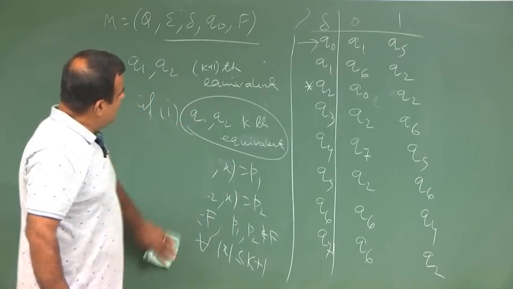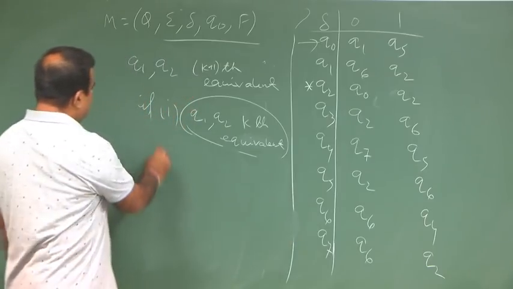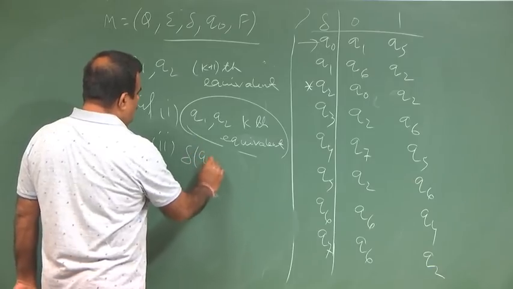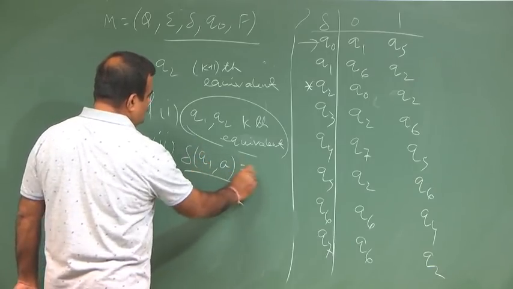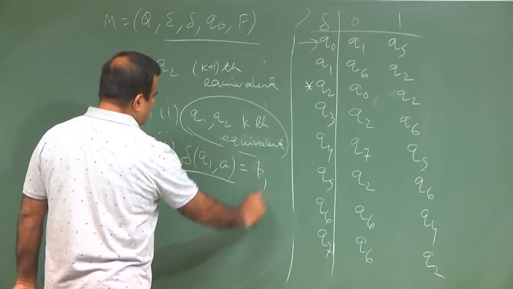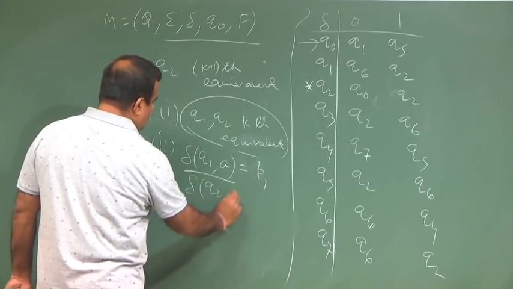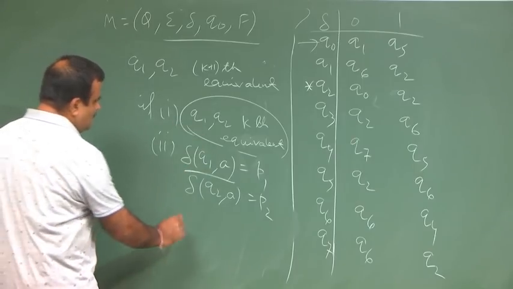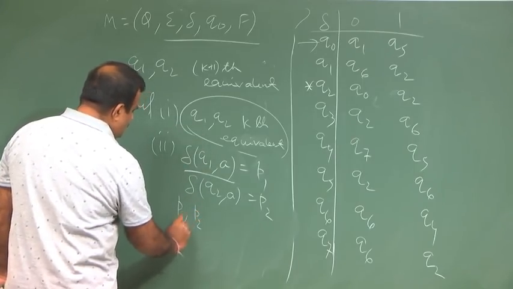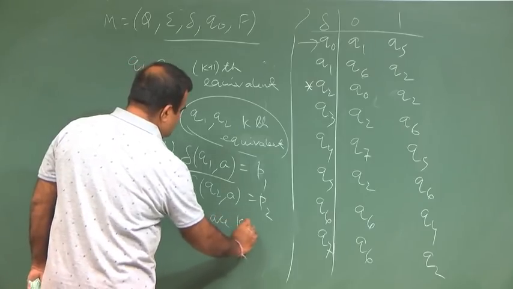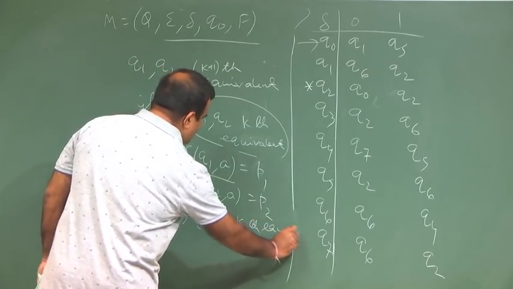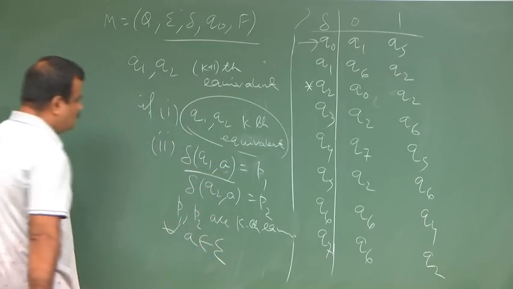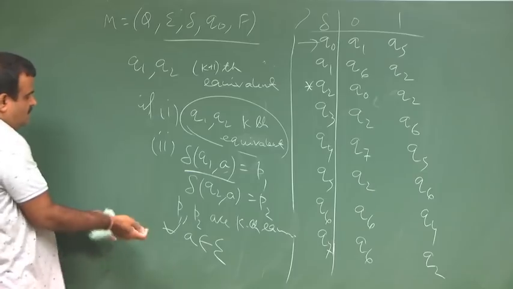This is one condition. Another is there. Delta of q1, a is a state, suppose it is going to some p1, and delta of q2, a is going to p2. Now, if they are k plus 1th equivalent, then p1 and p2 have to be kth equivalent, and this is true for all input symbols, because a is one symbol.